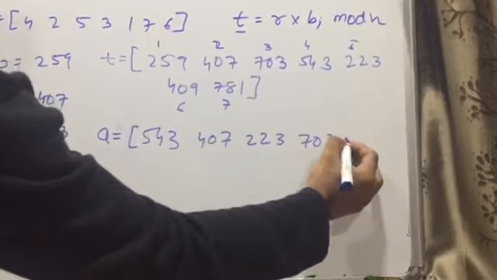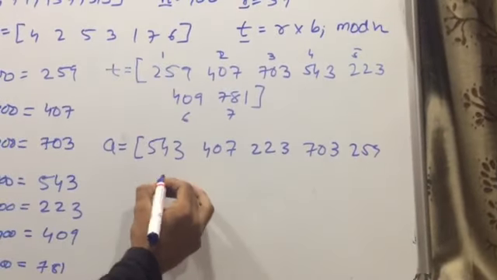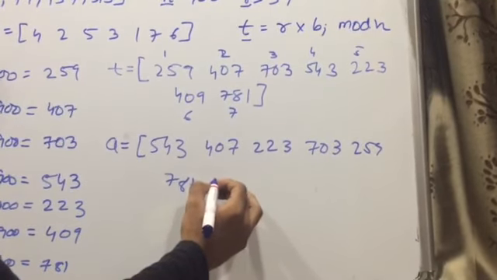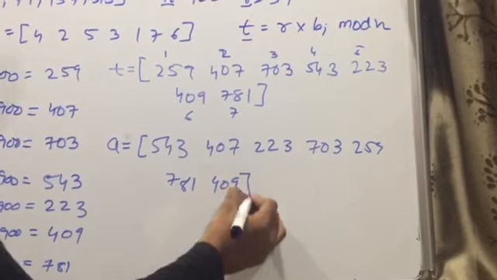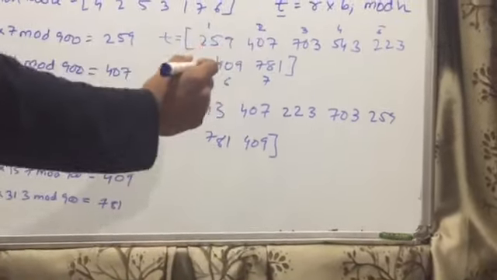Now first 259, 7th number 781 and 6th 409. Now this is the value of A, and you will be given some value.